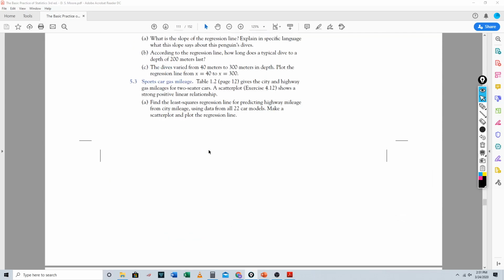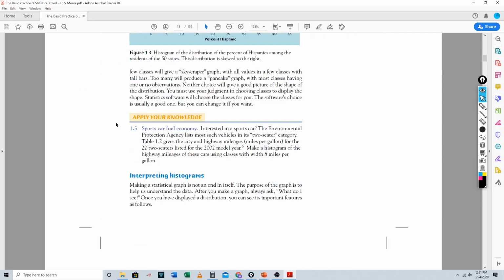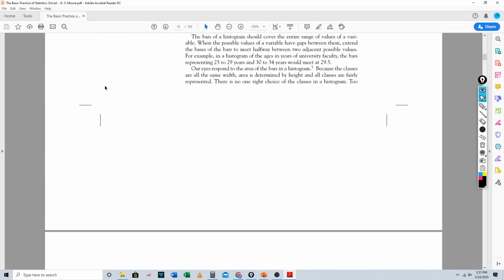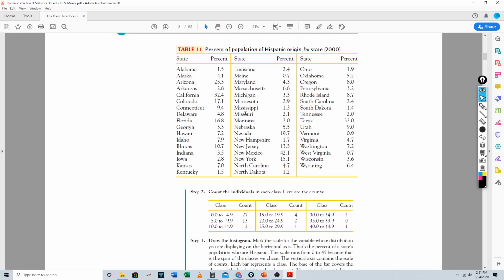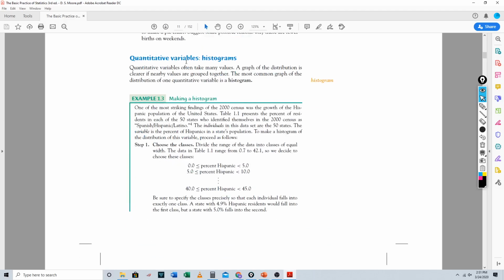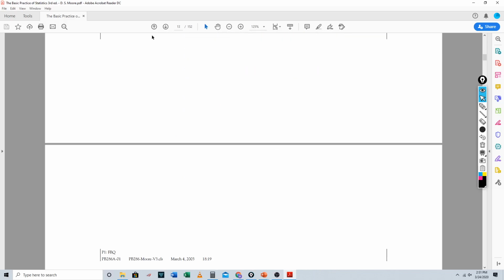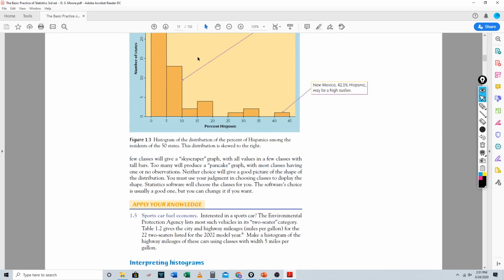So I'm going to have to make the scatter plot. Go back to page 12, which I think everything's off by 2, so maybe page 13. Almost. There it is. So, nope, it's not city and highway miles. Page 14 it is then.